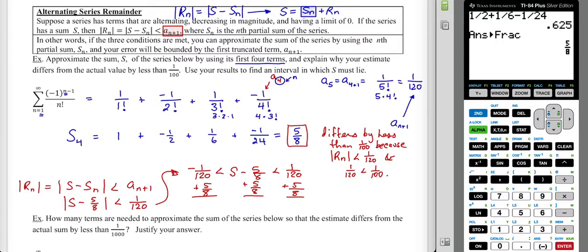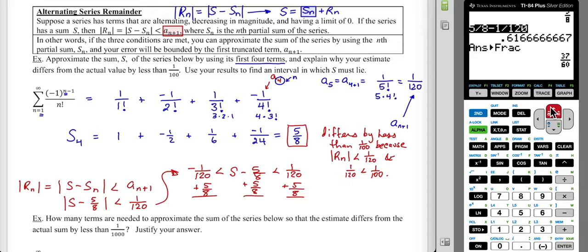And so that's some number crunching. 5/8 minus 1/120th. That's going to be my low end. Math, enter. And then the same thing with a plus sign.